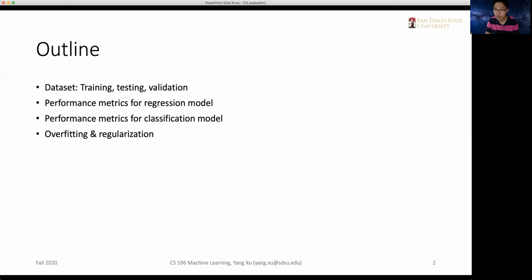And also, we used the index of how many correct predictions the model being trained has made. But so far we didn't systematically talk about the usual practice of dividing the data set into a training part and a testing part, and we will introduce the validation part as well.